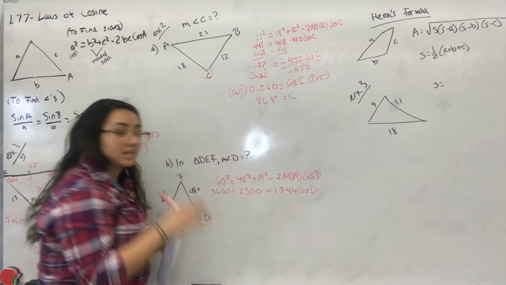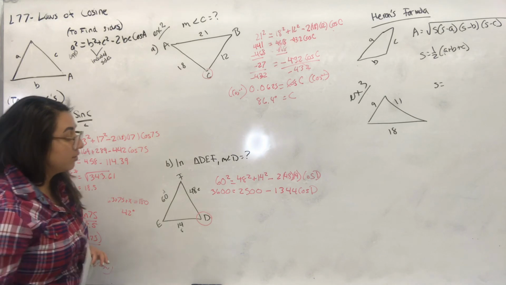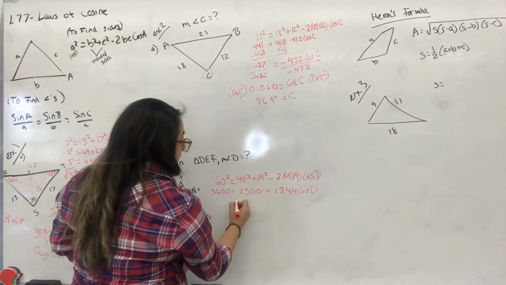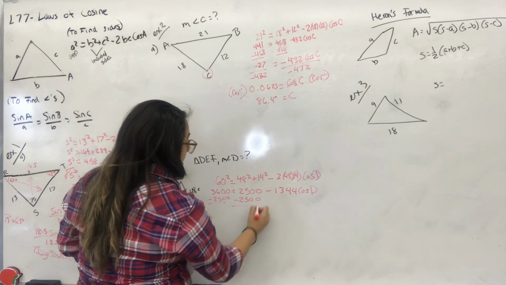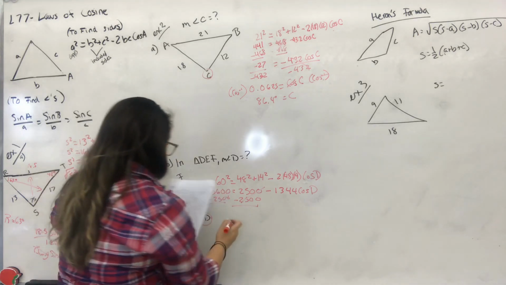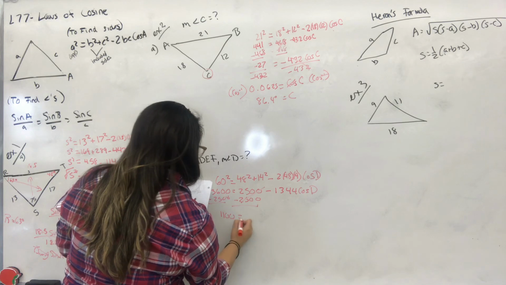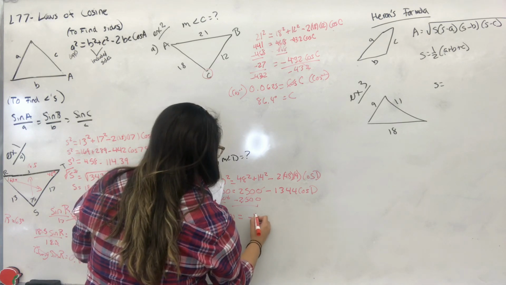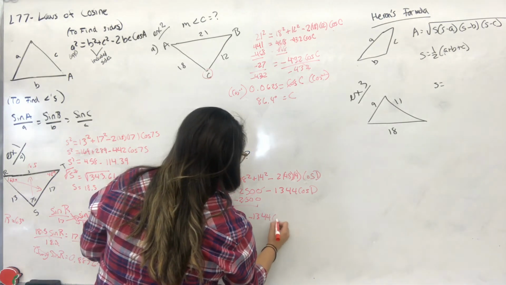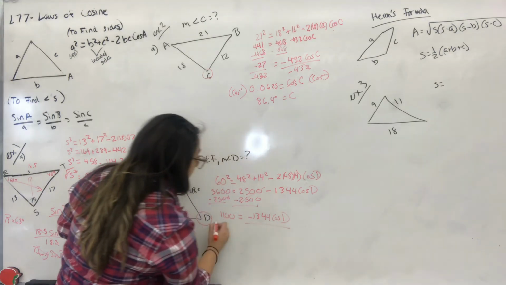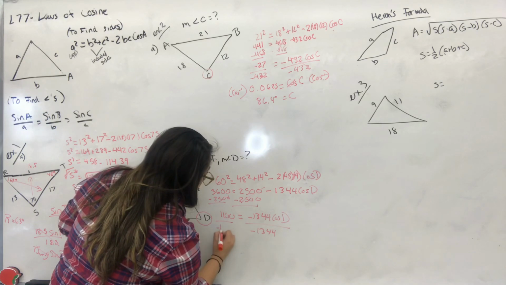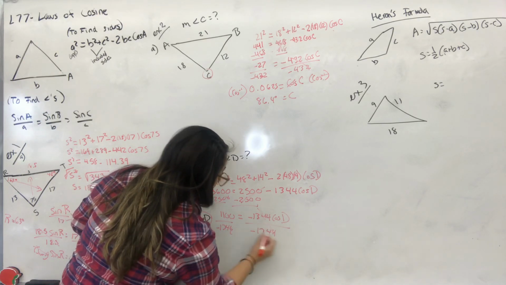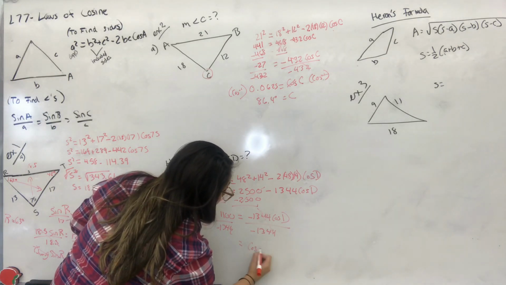So again, just skipped a couple steps just to keep it going. Here we want to get the cosine of D by itself, so go ahead and subtract both sides by the 2,500. You get 1,100 is equal to negative 1,344 cosine of D. Divide both sides by the negative 1,344 to officially get that cosine by itself.